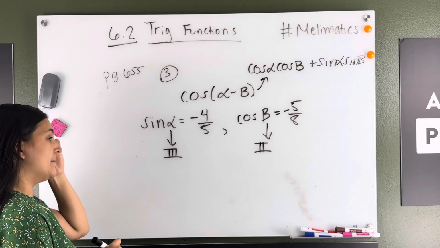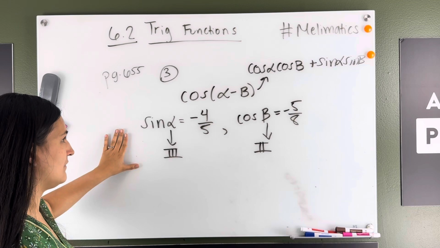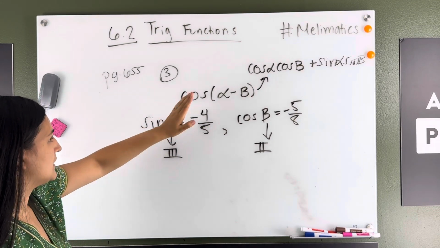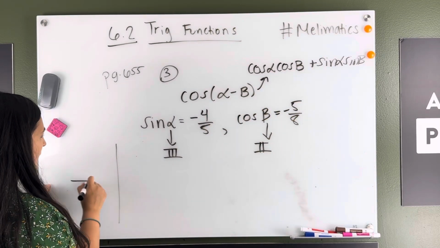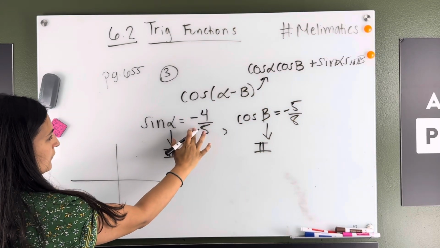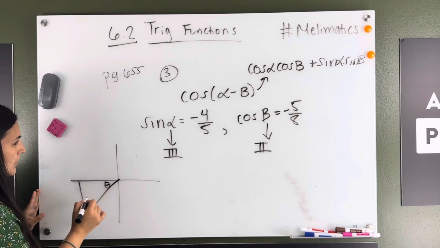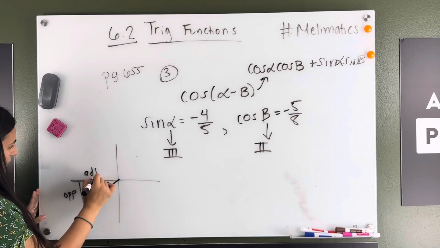In order to do that, we need to set up right triangles based on what they gave us, because we need to figure out these different values. They told us that sine of alpha is negative 4 over 5 in the third quadrant. So over here we have a right triangle, and we label it with the information given.